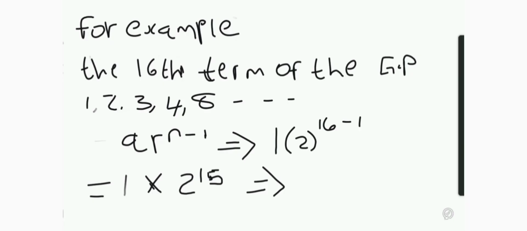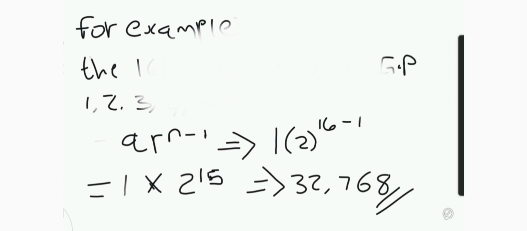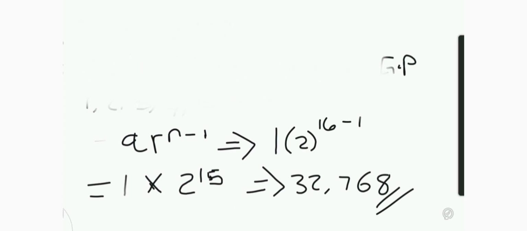So it's giving us 32,768. So the 16th term of the GP for 1, 2, 4, 8 is 32,768.